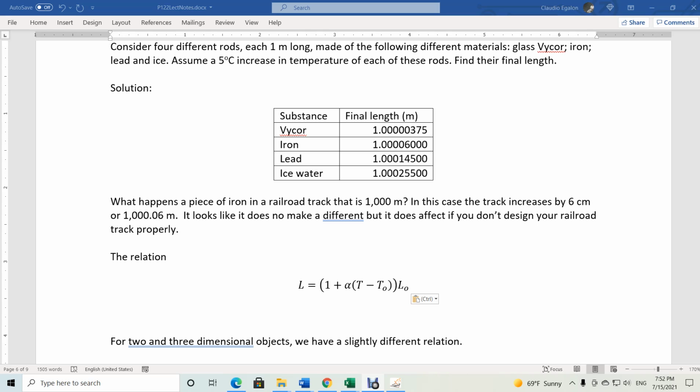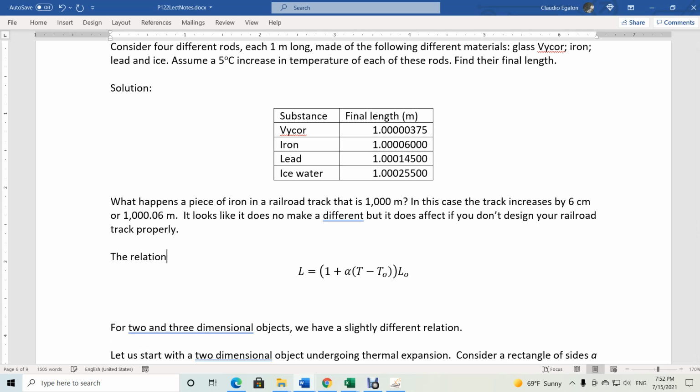The relation that we saw before for the lengths of objects applies just to one-dimensional objects, right? Okay, what if the object has two dimensions?